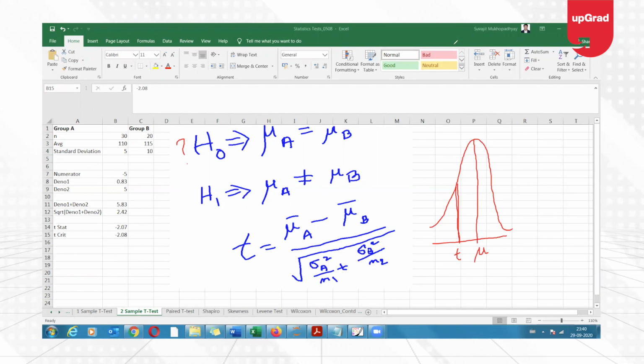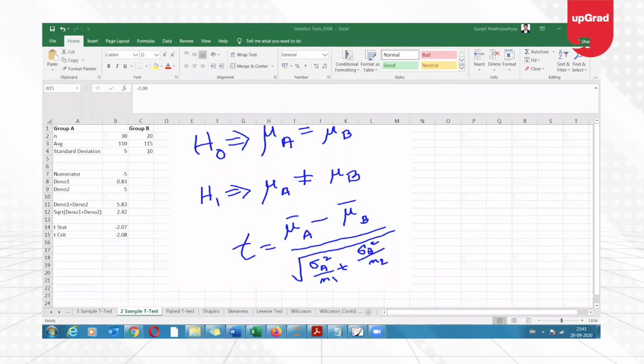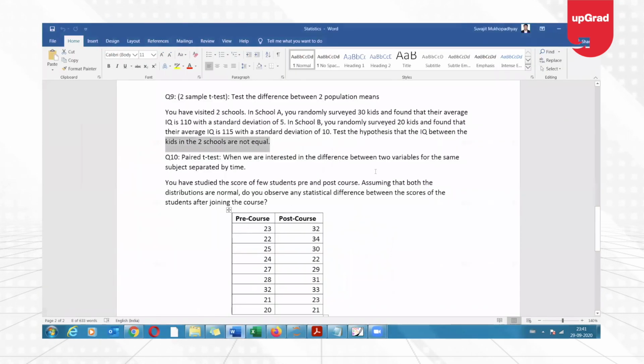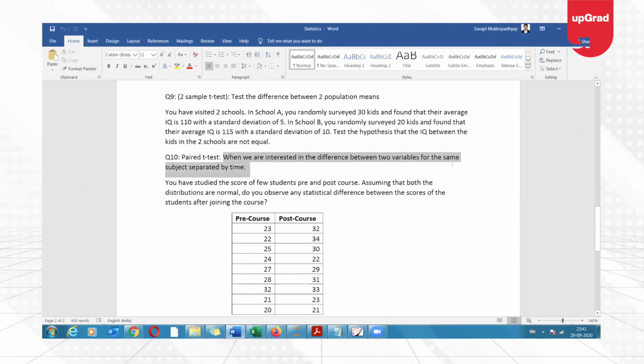So now we'll move to the last test as far as t-test is concerned, and that is a paired t-test. We use this test when we are interested in the difference between two variables for the same subject separated by time.